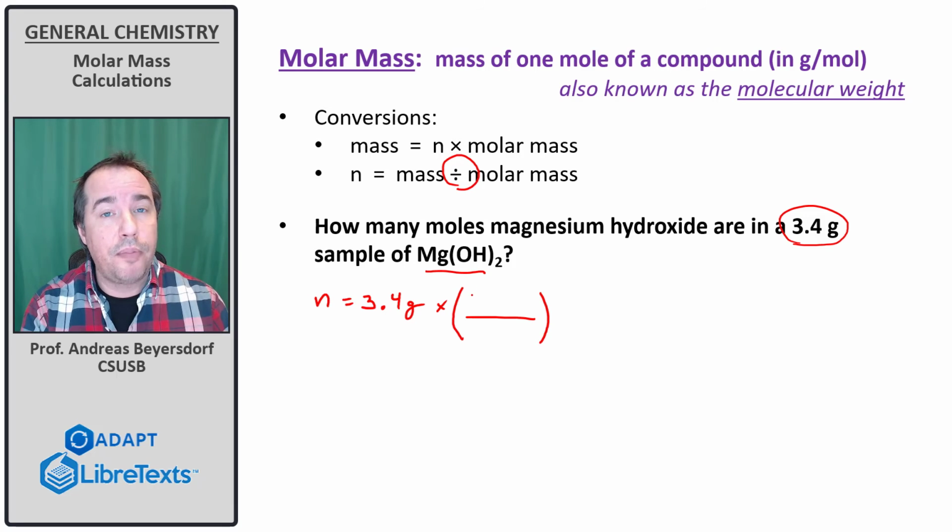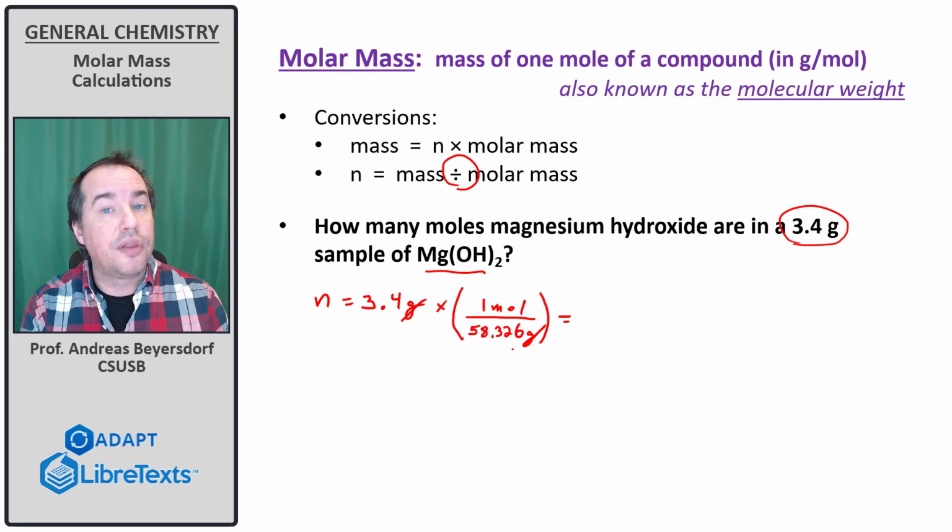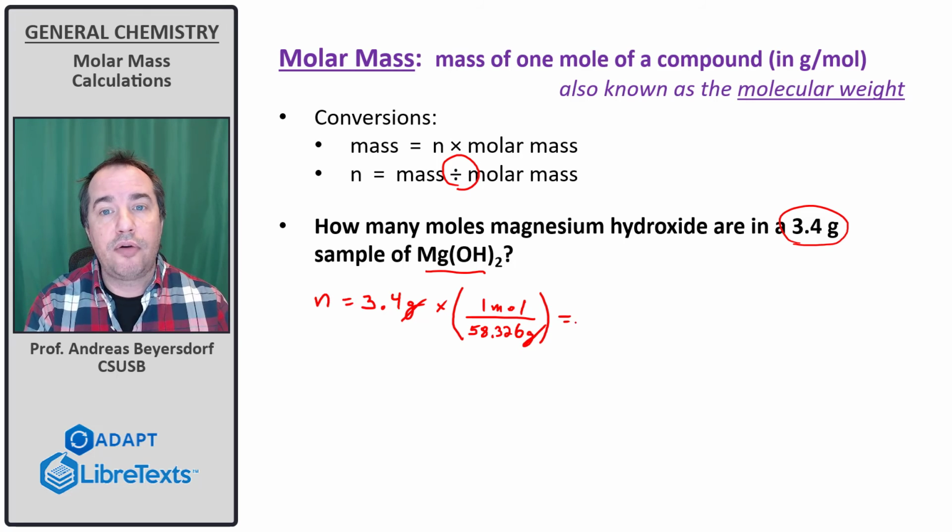We found the molecular mass before, 58.326 grams is 1 mole. So I'm going to use that same value here. But in this case, seeing that the grams is now on the bottom, the grams will cancel out. And that will give me the number of moles of my magnesium hydroxide.